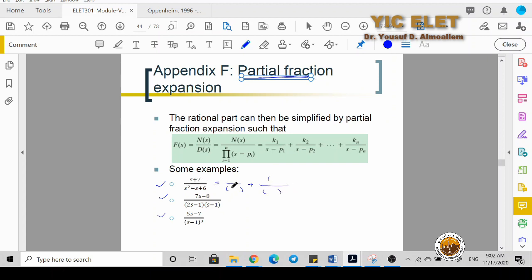So this will be s plus something, this will be s minus or plus something, and you have to factorize this expression into two terms.